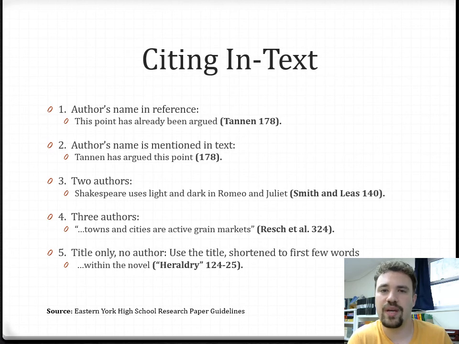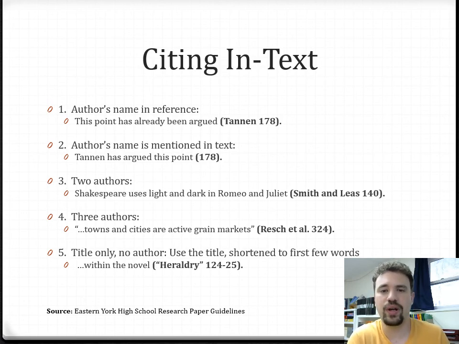If you do not mention the author's name in your paper while you're writing that sentence that's being cited, or that couple sentences that's being cited, then you need to include the author's last name. So you'll see in example 1 here, where, I mean, this is a very generic statement, but this point has already been argued. It's been argued by Tannen, and he argued it on page 178. But I didn't mention his name.